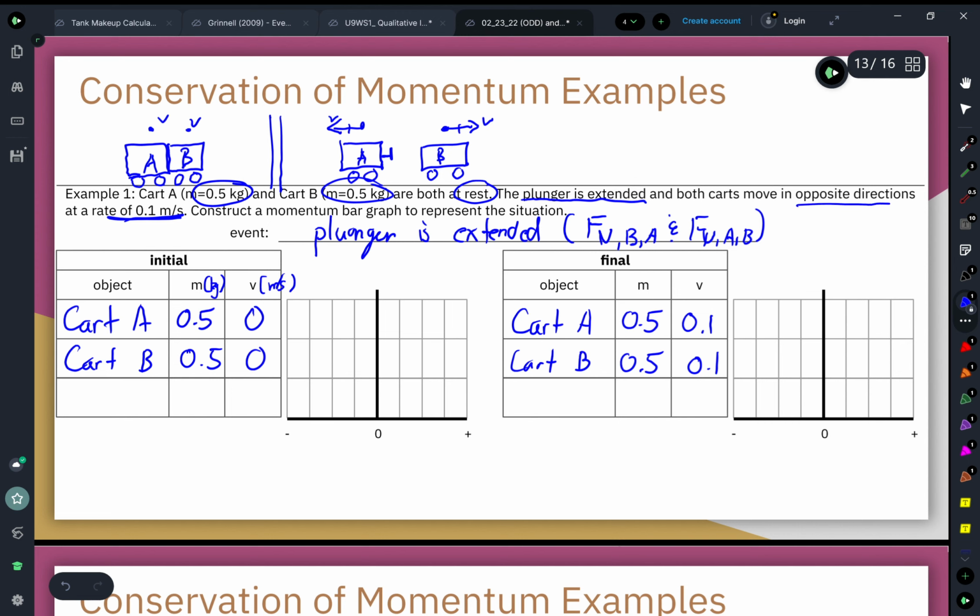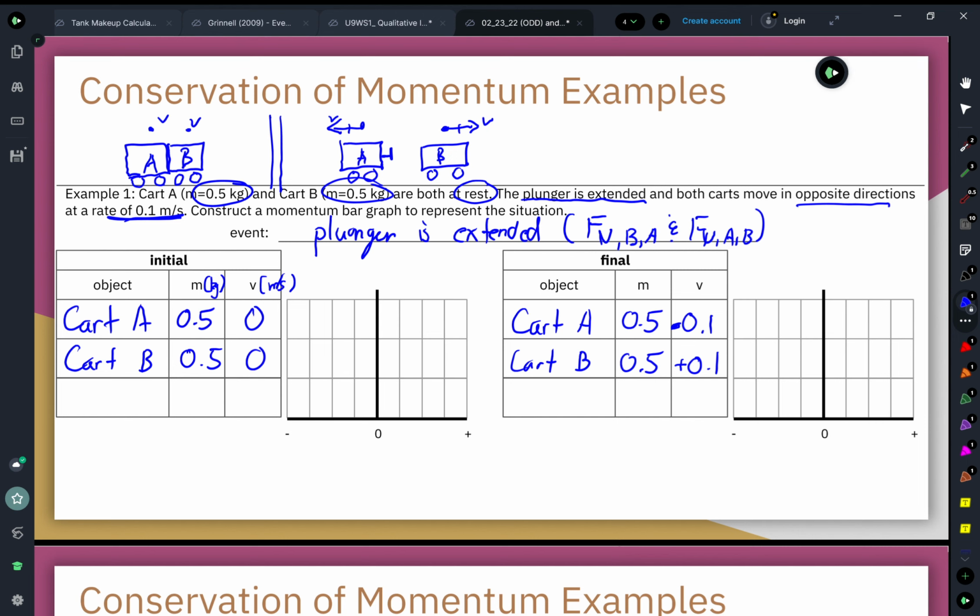However, they're going in opposite directions. Because I'm showing cart A traveling to the left and cart B traveling to the right, I'm going to use that to set up my signs. So for cart A, because it is traveling to the left, I'm going to say that that is a negative velocity. And cart B is traveling to the right, so I'm saying that is a positive velocity.